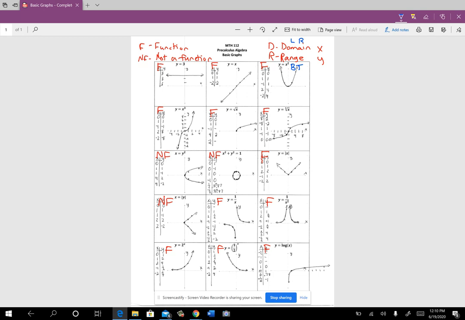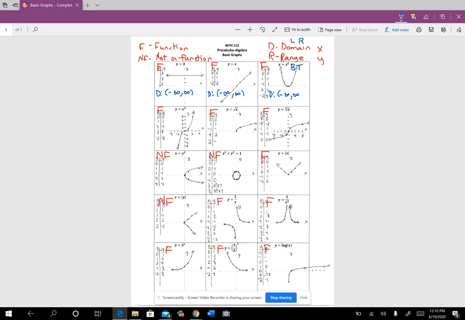All right, so let's go through and do domain on these. I'm going to do the domain in blue. A whole bunch of them are going to have a domain that's all reals, and this is how you say that using interval notation. So that one, this one, domain would be all reals. This one, the domain would be all reals.